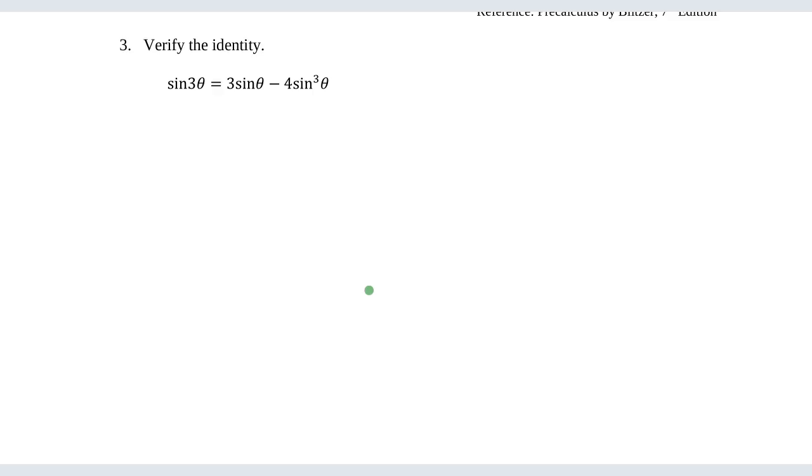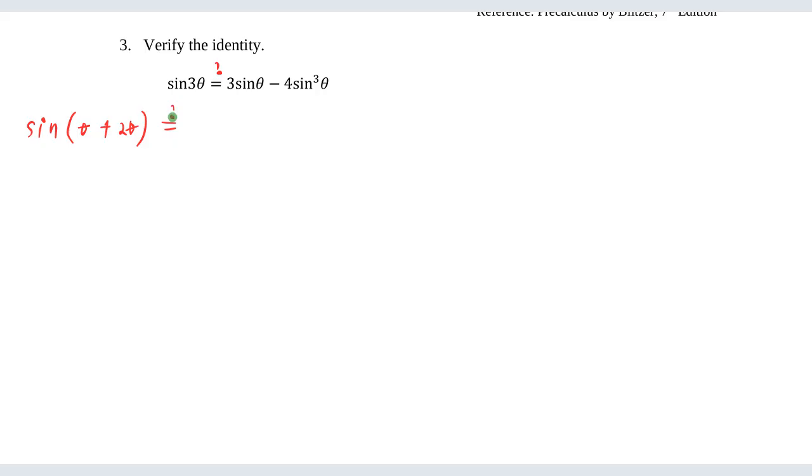All right, so in this case, we have sine 3 theta. What I'm going to do is expand the 3 theta, so I'm going to have sine of theta plus 2 theta. By the way, I will no longer be writing the other side.